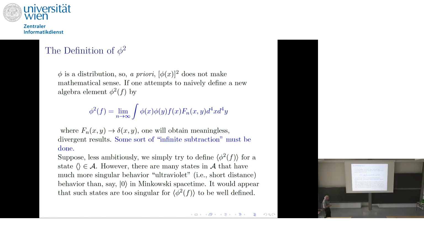But for starters, you might just try defining this. But if your state has a two-point function that is more singular at short distances than the Minkowski vacuum, it's not reasonable to expect this to be well defined.